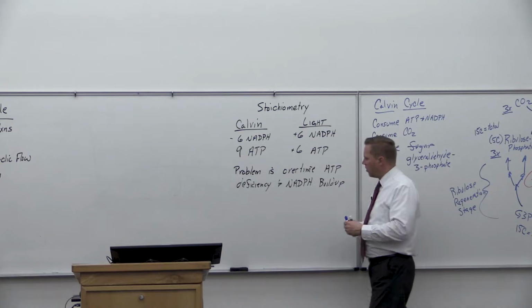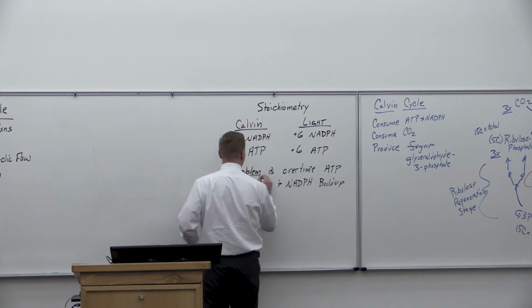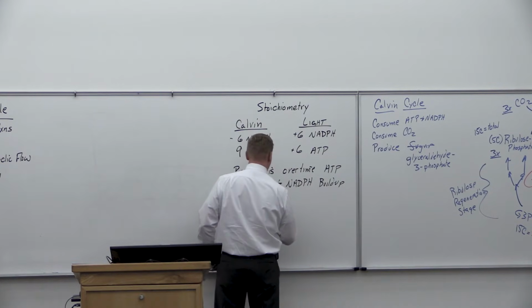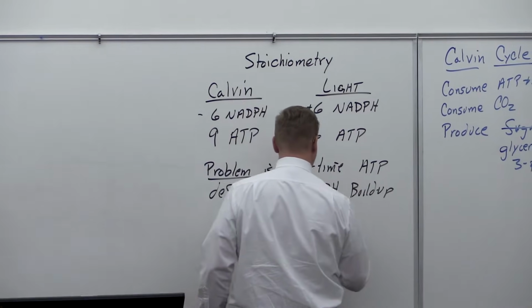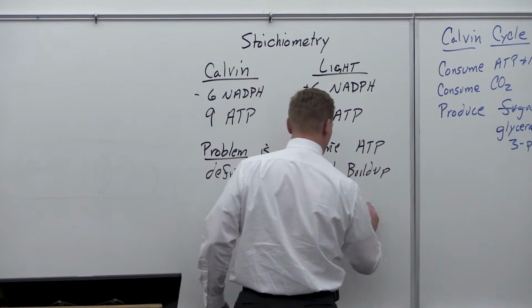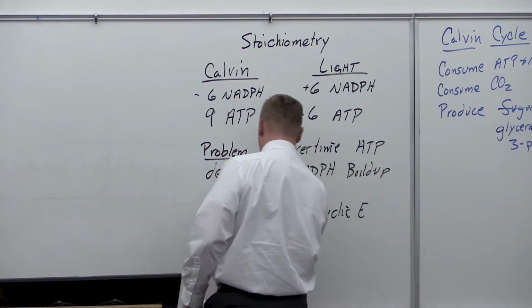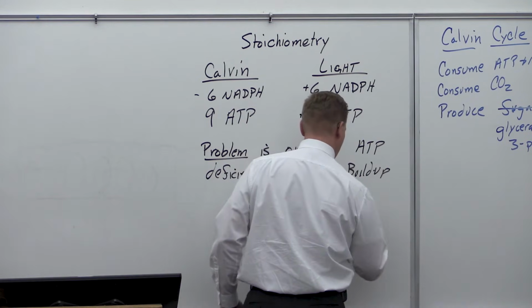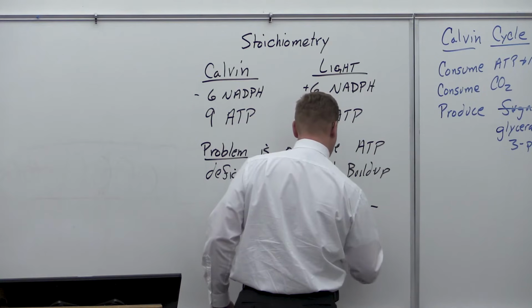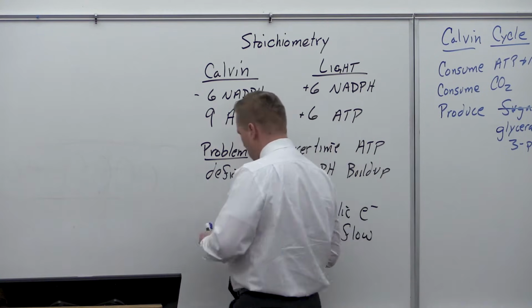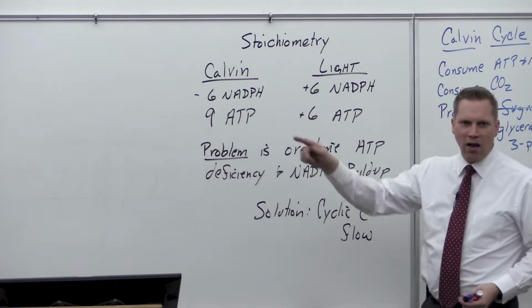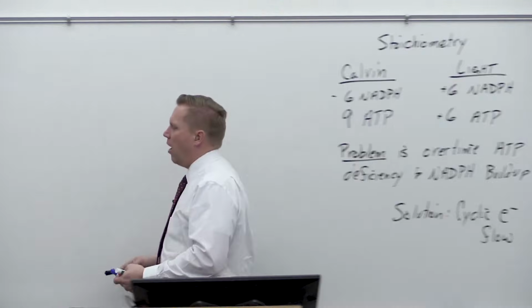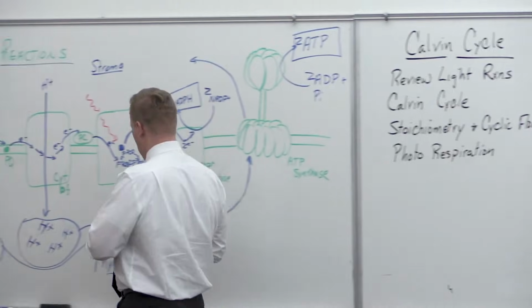Now, the solution to this then, if this is the problem, is something called cyclic electron flow. So, to understand what cyclic electron flow is, let's go back over to our map of the light reactions.